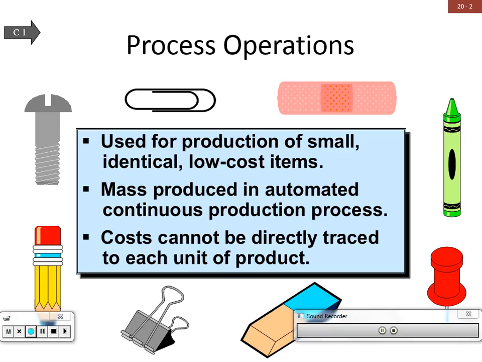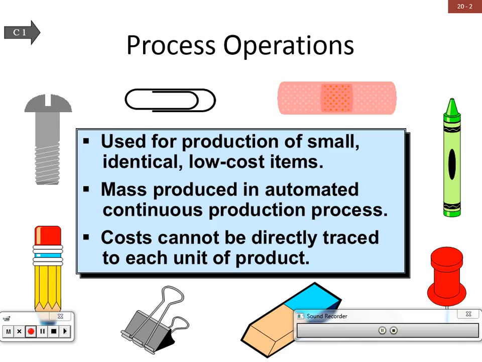Unfortunately, with process operations, because it's almost like producing in bulk, you can only trace costs back to the process or the department as it goes along. Because they're all the same product, it doesn't really matter, but you can at least trace costs back to the department, not necessarily the actual units that were produced in the process.